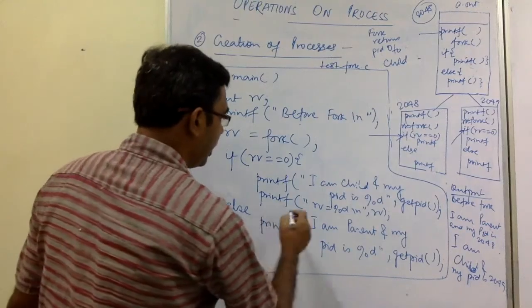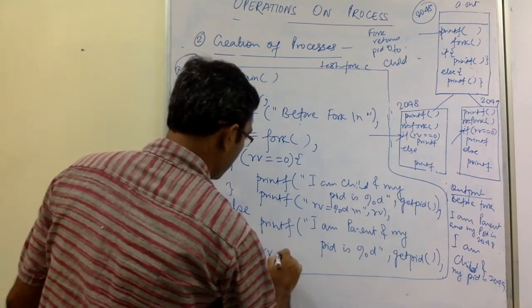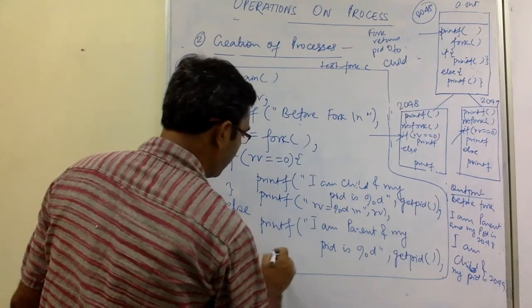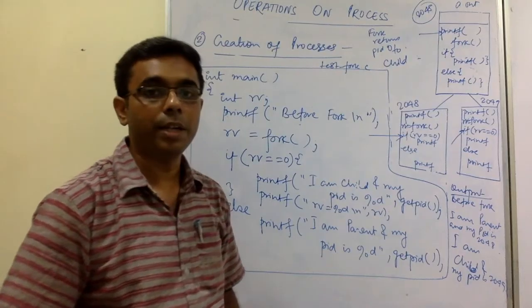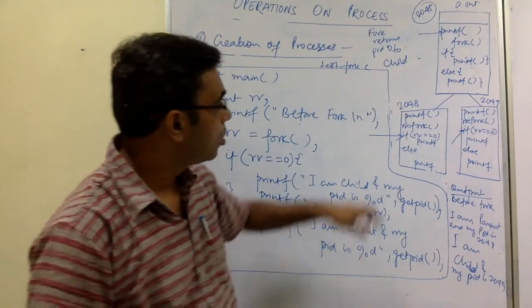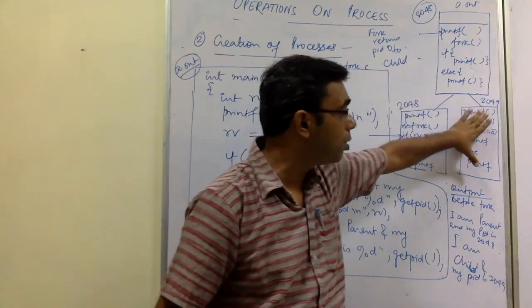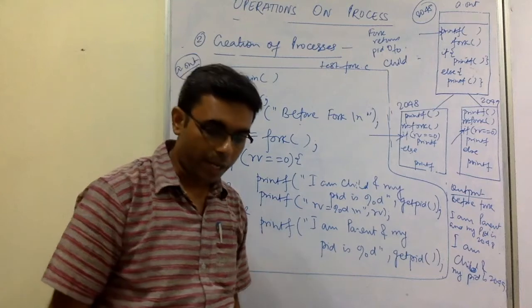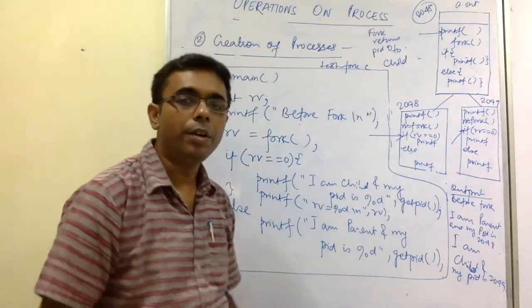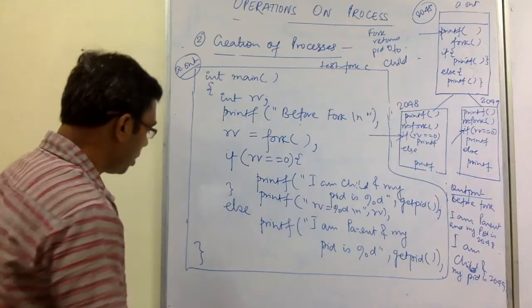If you do the same for the parent, you will find that the parent prints the child ID, which is 2049. So the RV value for the parent is 2049, whereas the RV value for the child is 0. This is how you can make use of the return value to print something in the parent or the child.